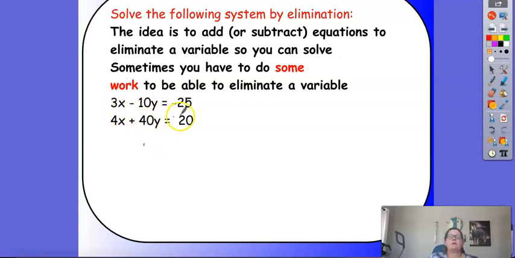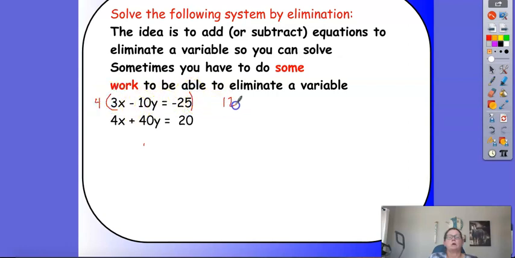Whenever I have an equation, as long as I multiply everything, both sides, by the same thing, I'm not changing the equation, right? I always say whatever you do to one side, you have to do to the other side. So if I'm looking at this equation right here, what if I multiplied the top one by 4?